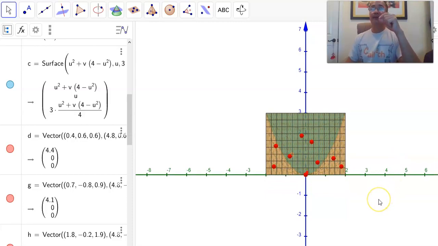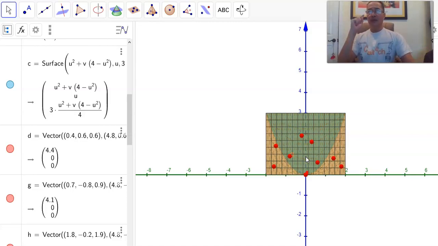There they are. So if you enter below the edge, then you enter through the parabolic cylinder. But if you enter above the edge, then you enter the solid at the parabolic plate.